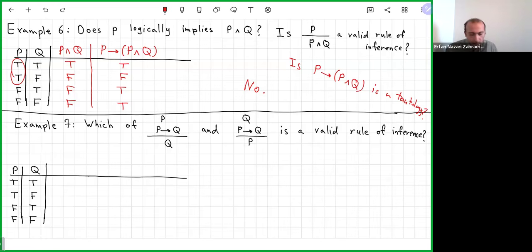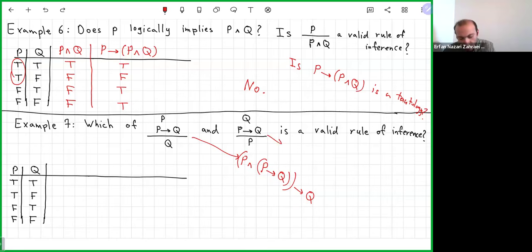Okay, and let's do this other example, which is basically proving one other rule of inference in that list that I showed to you. For this one, I need to do the truth table for P and (P implies Q), and that whole thing implies Q. Is this a tautology or not?